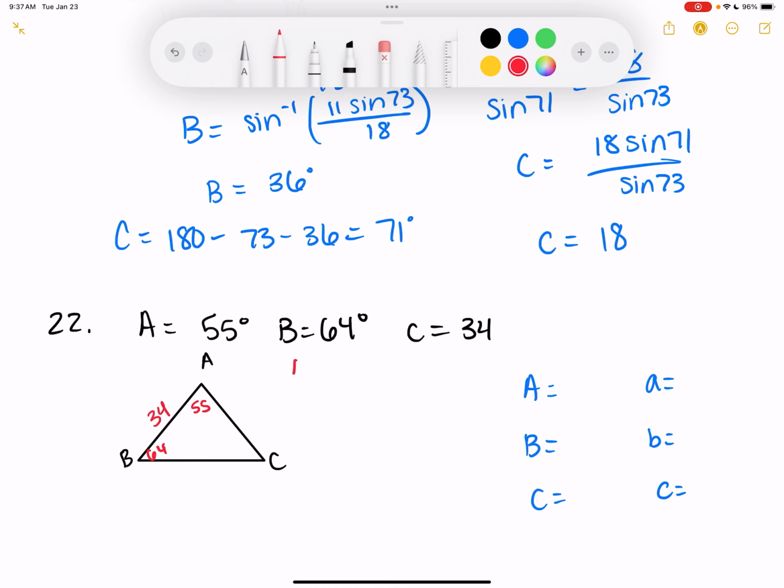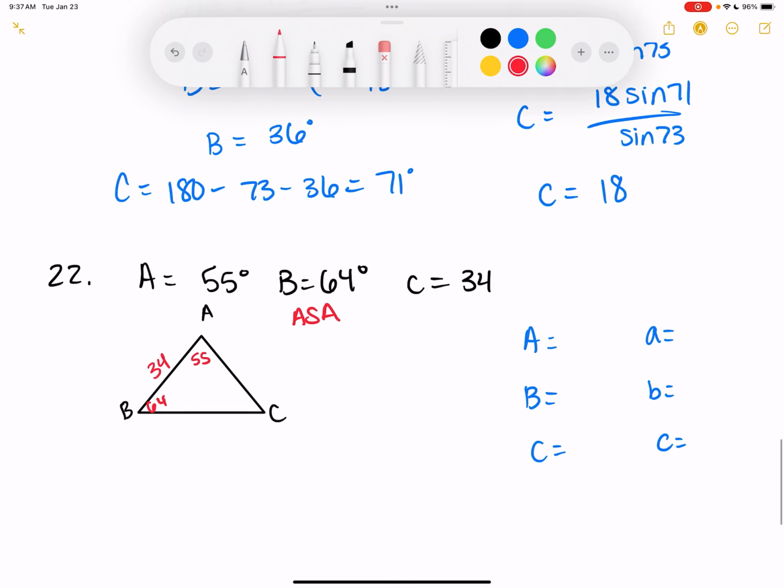But as long as you know, what would we say, angle, side, angle, side, angle all produce how many triangles? One. So as long as you know that it's only producing one, it doesn't really matter that much, but just visually so you see it. So let's see, 55, 64.